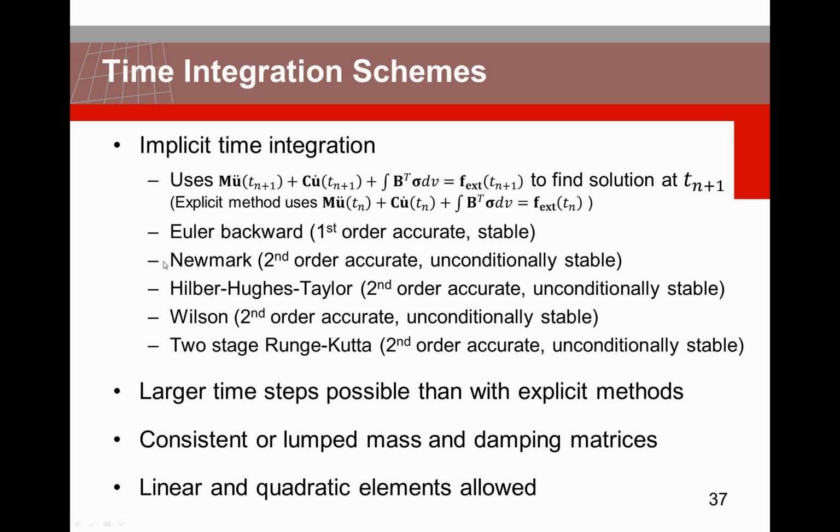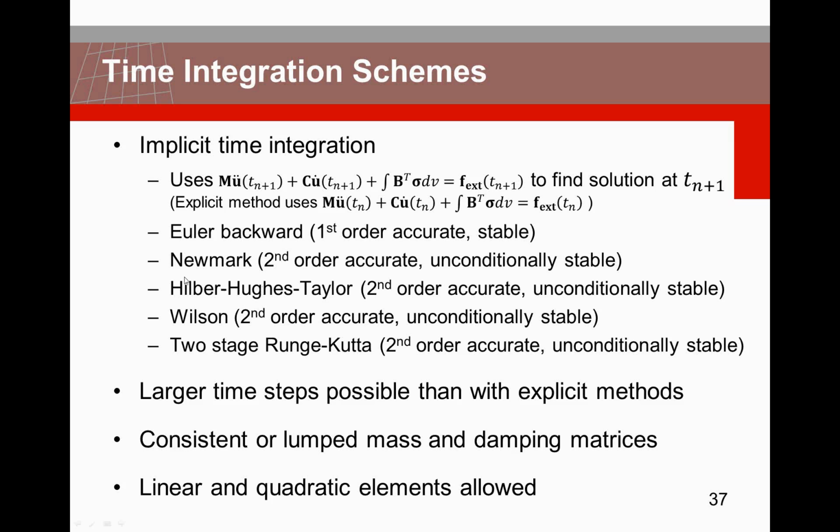The nice thing about the default Newmark method is that it's unconditionally stable, which means that for all the time steps you choose, it is stable, while in the Euler backward, the time step is stable as long as you meet certain conditions.